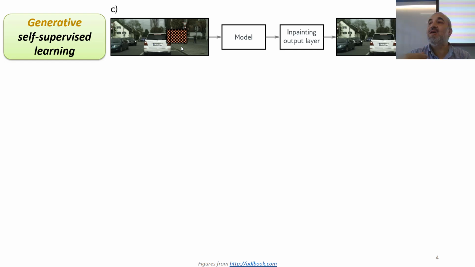Now that model at least learns how to understand images, how to represent and understand the structure of images, right? So we can make use of that model and maybe further train it for another task. So that's a kind of self-supervised learning called generative self-supervised learning.